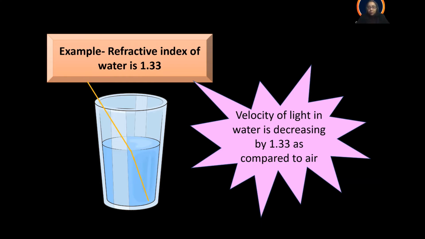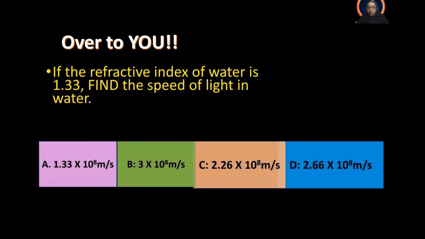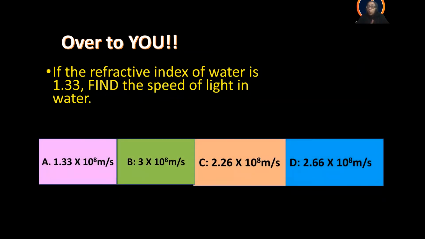So my question to you now is: if the refractive index of water is 1.33, calculate the speed of light in water. There is a change in speed of light, and the refractive index value is given as 1.33.